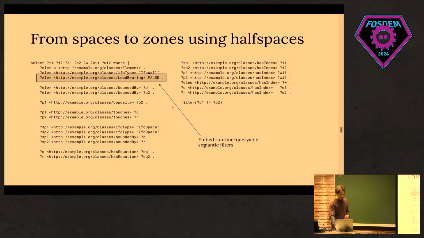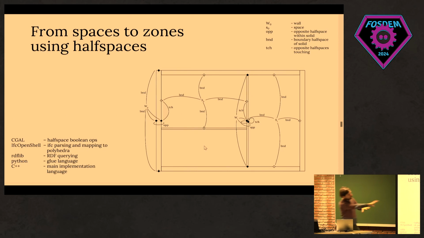So for that, I used SPARQL and RDFLib in Python. What you see here is a graph of spaces, the volumes, the half spaces bounding the spaces. These are touching the faces of the wall, and in the wall you have an opposite.